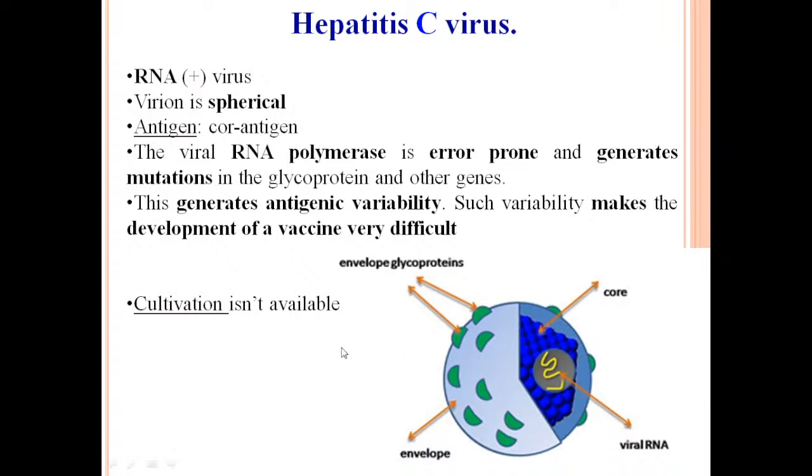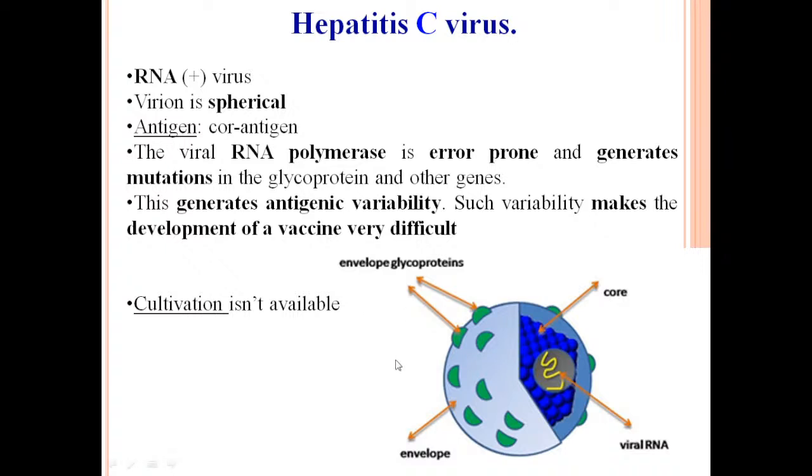The viral RNA polymerase is error prone and generates mutations in the glycoprotein and other genes. It is very important to memorize because it generates antigenic variability. Such variability makes the development of a vaccine very difficult, and it is impossible.